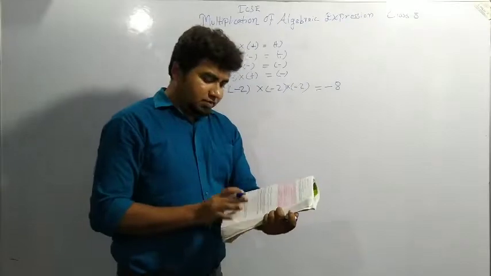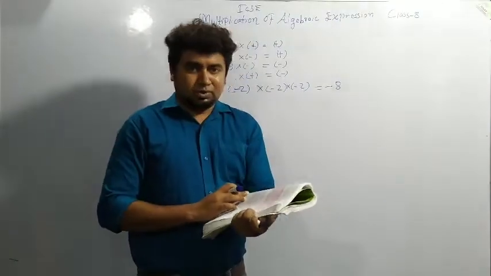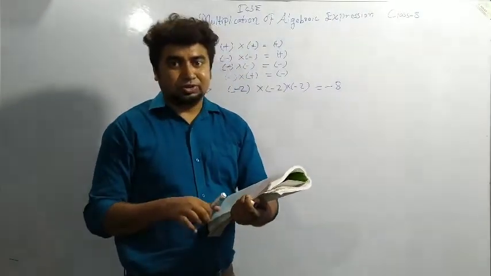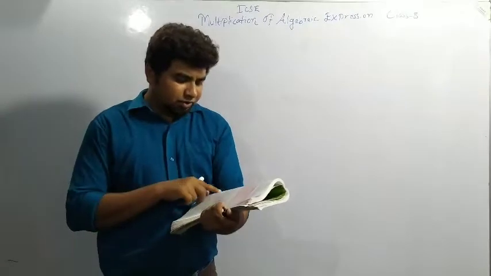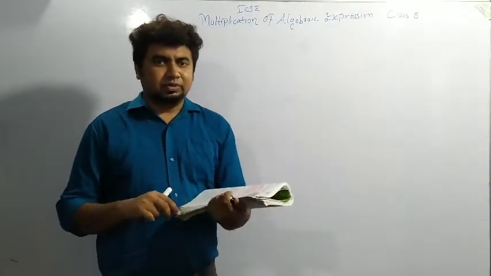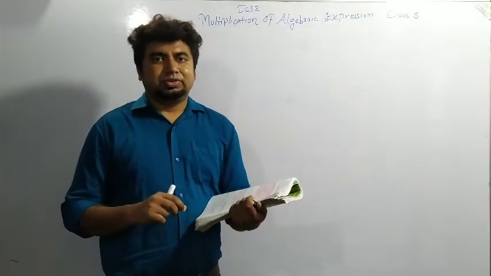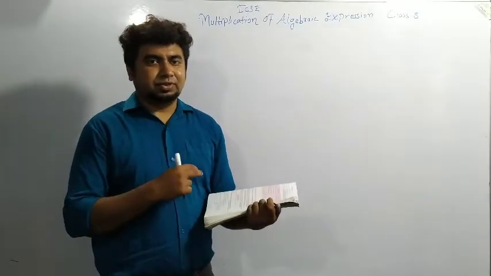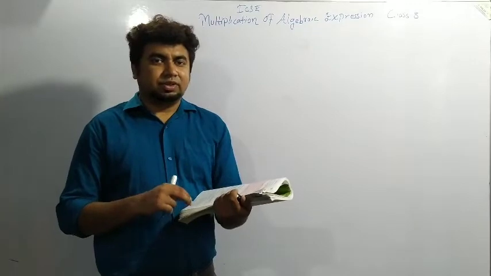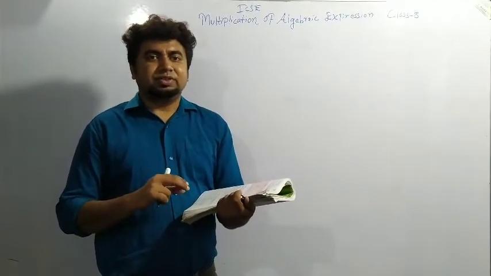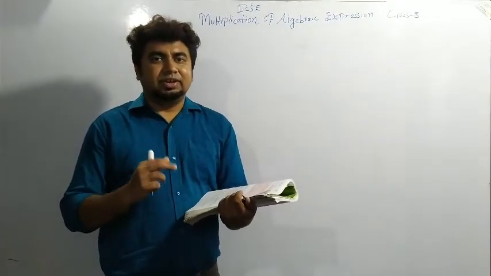So now we'll be doing multiplication of monomials. Multiplication of monomials is basically the product of monomials, and you should have studied in the first part what is known as a monomial. A monomial is when there is a single term.